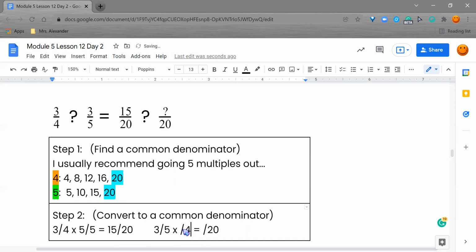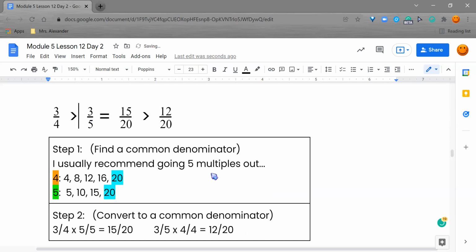I put 4 in my denominator, and when I do the denominator, I do the numerator so that I have my whole 1. And then I do 3 times 4. What's 3 times 4, you guys? Yes, it is 12. So right up here, I'm going to write 12. And I need to figure out what's bigger, 15 over 20 or 12 over 20. Yes, 15 over 20 is bigger, which means 3/4 is bigger than 3/5.